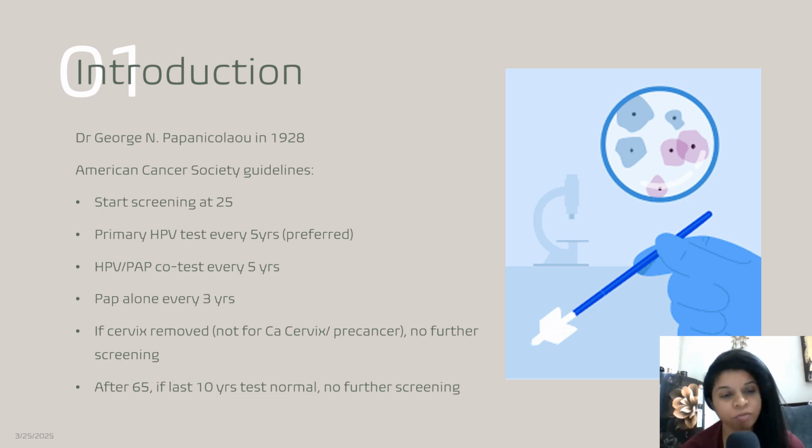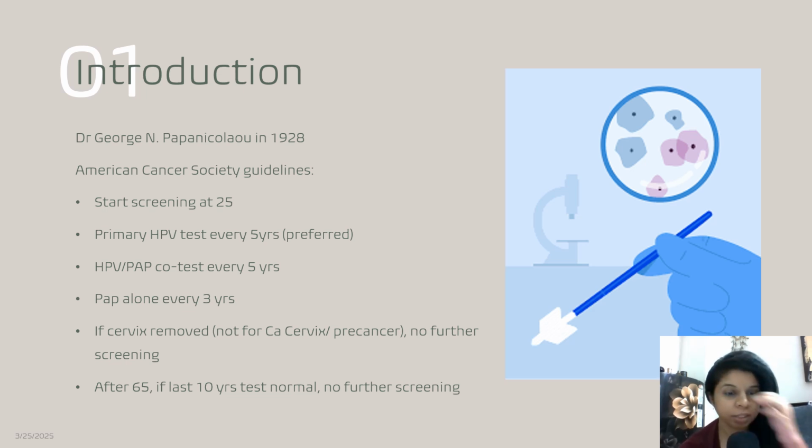If that is not possible, you can go for HPV testing along with pap smears, which should be done every 5 years. And if that is also not available, and only pap smear testing is available, then you should do it every 3 years.